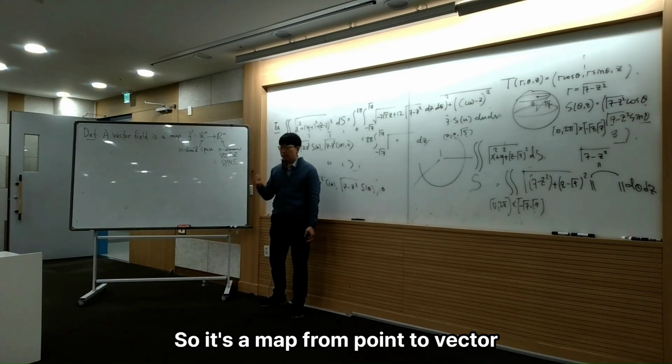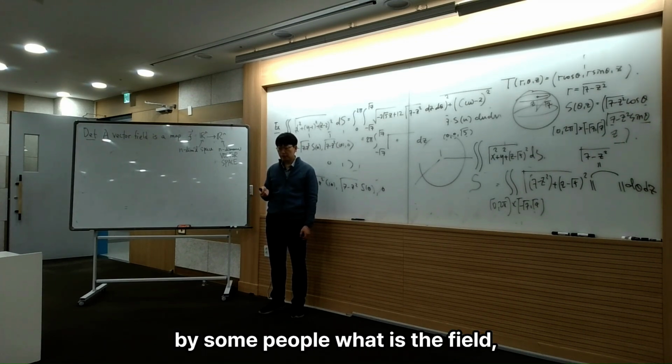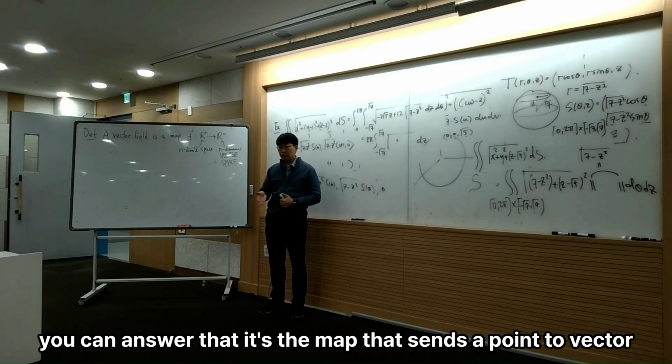So it's a map from point to vector. So now, whenever you're asked what the vector field is, you can answer that it's the map that sends a point to a vector.